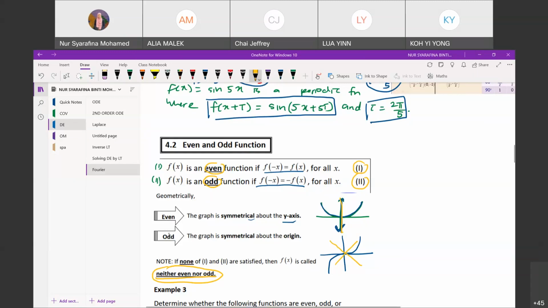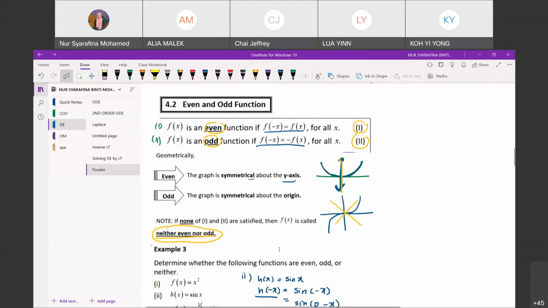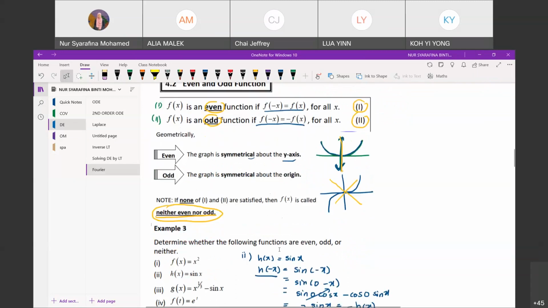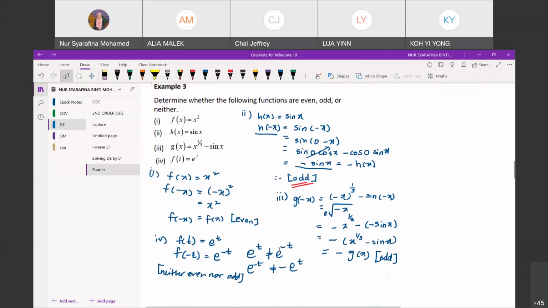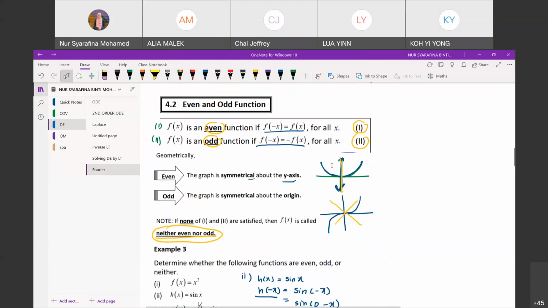For this example, how can you identify whether the functions are even or odd? For the first one, f(x) equals x squared. We have the definition of f(-x) for both even and odd, right? So you just check what happens if you substitute negative x.